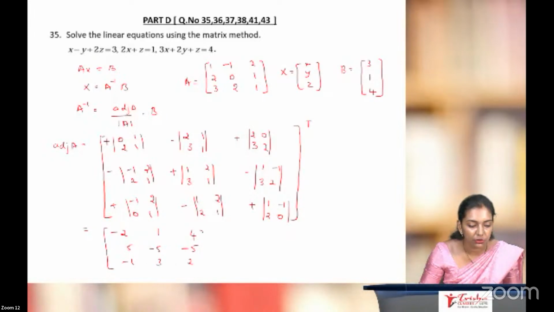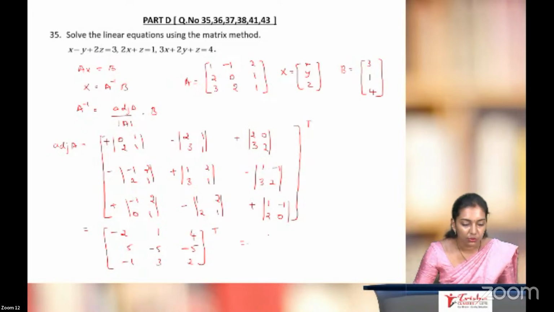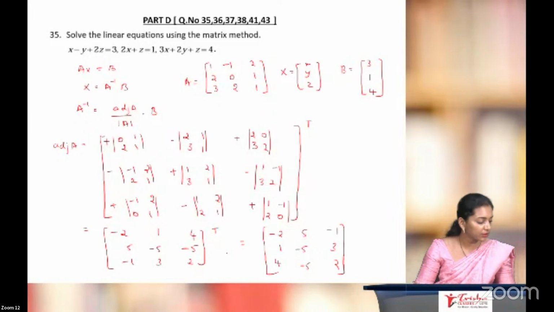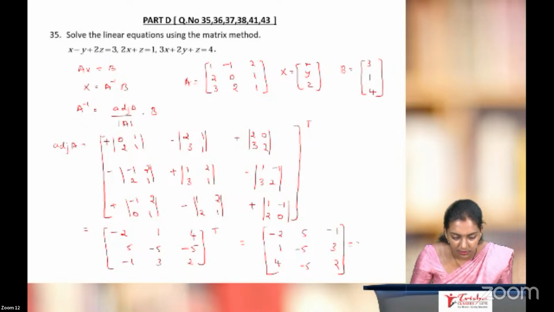These are the values you're going to get and you need to transpose it. Change the rows into columns: minus 2, 1, 4, 5, minus 5, minus 5, minus 1, 3 and 2. So this is the adjoint of the matrix, adjoint of A.